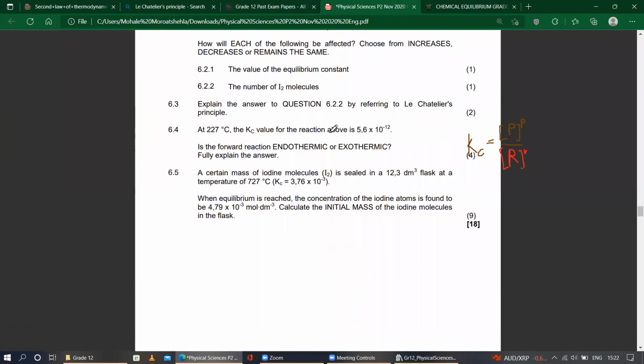Then they say at 227 degrees Celsius, the value of Kc of the reaction is 5 times 10 to the power negative 12. Is the forward reaction endothermic or exothermic? Fully explain the answer.